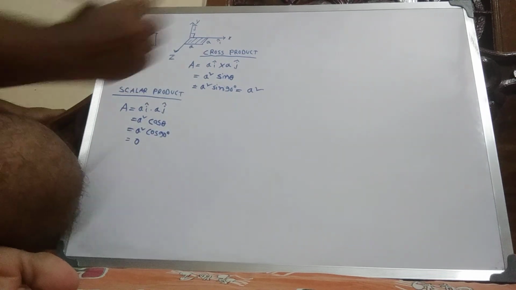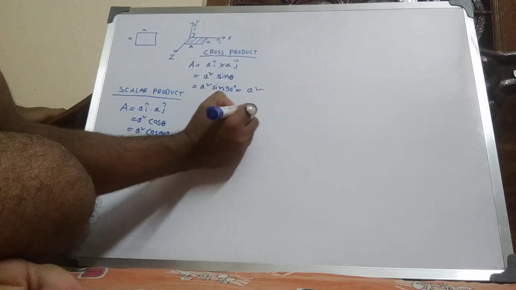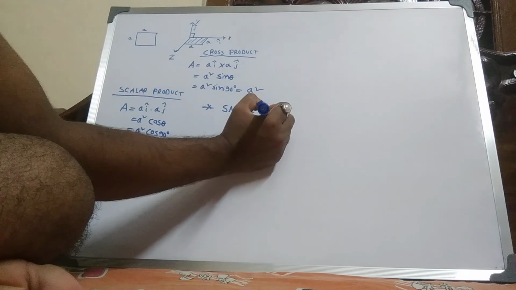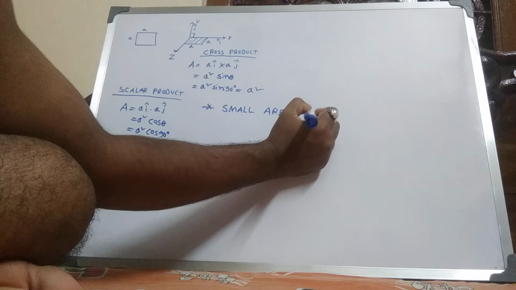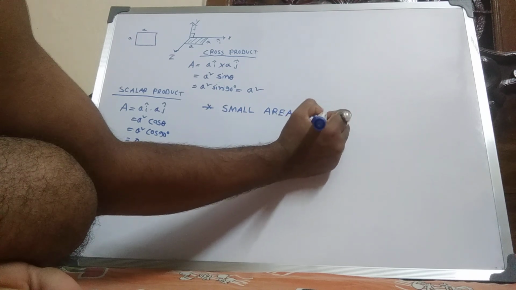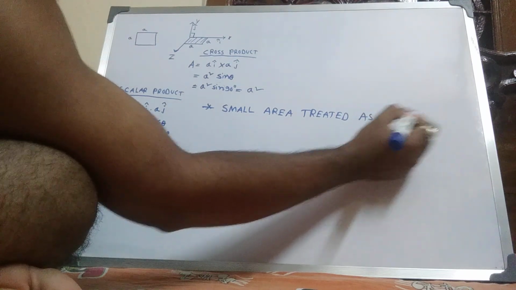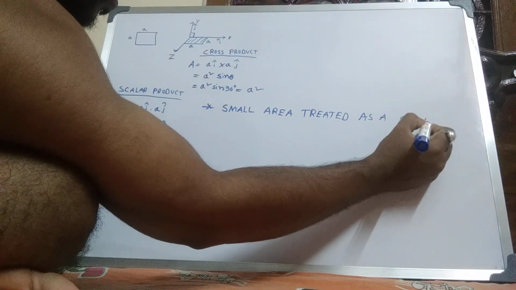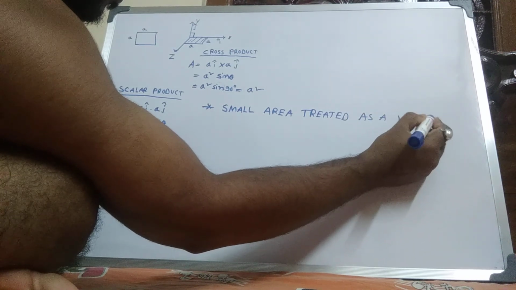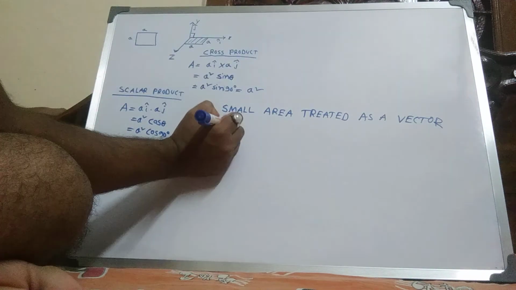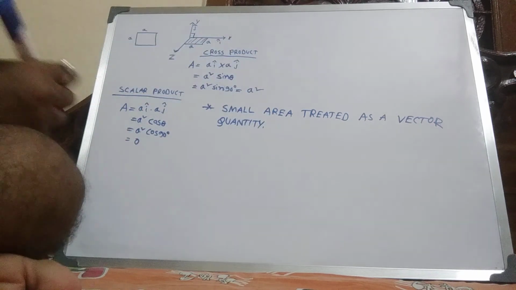So you can say these points are very important. A small area is treated as a vector quantity, understand?